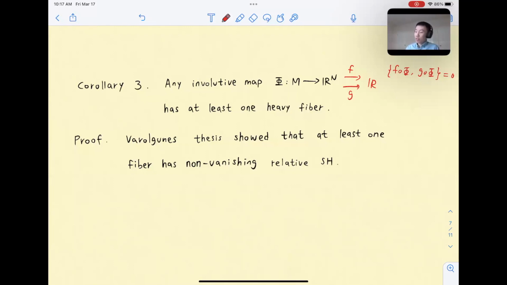So let me mention that, for example, those involutive maps happen a lot in these torus fibrations and integrable systems. And the remarkable application of these heavy and superheavy sets by Entov-Polterovich is that they prove that any such map has at least one non-displaceable fiber.